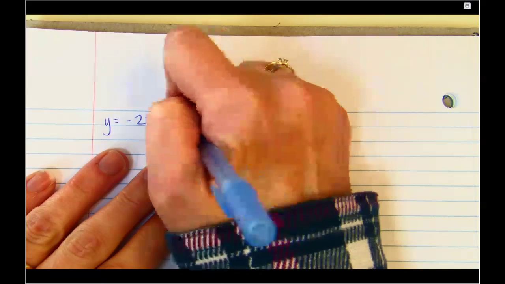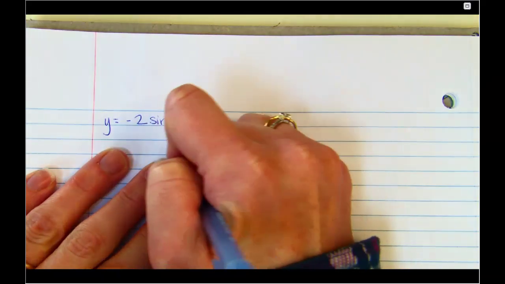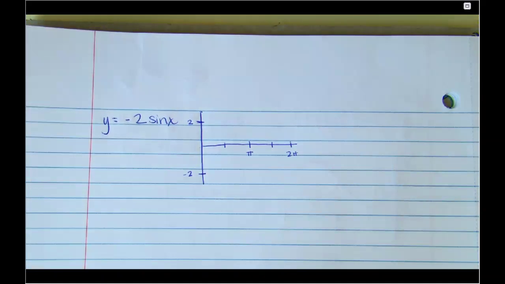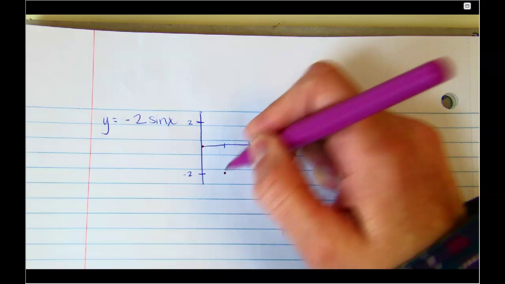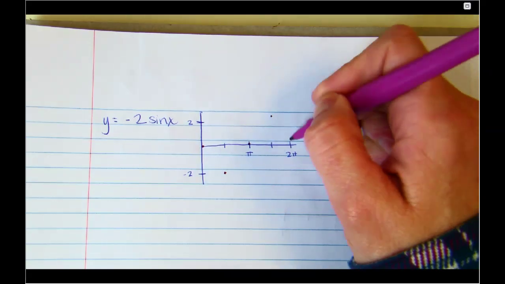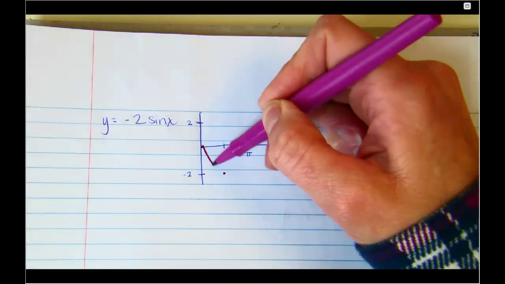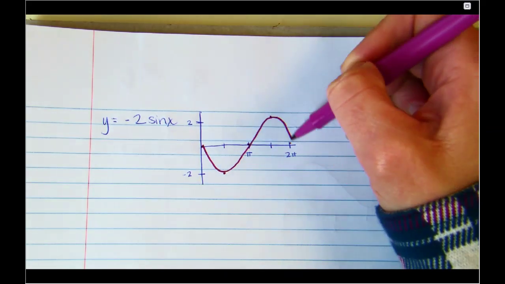So that's the largest it gets, and then it gets down to -2. So the same labeling is true. The only difference is that sine starts at the middle and it's reflected over its x-axis. So it goes down, up, and then back down to the middle. Right? So it should look like this.